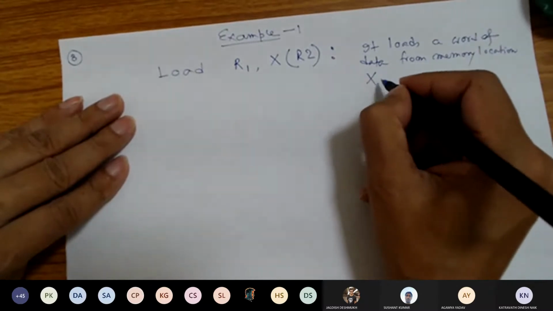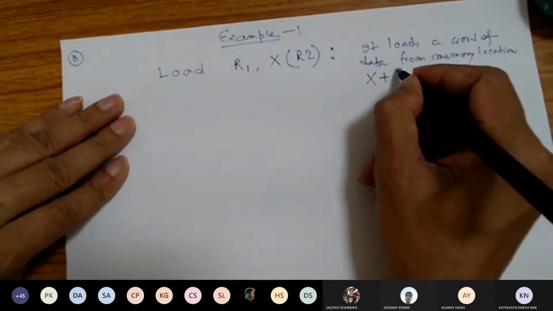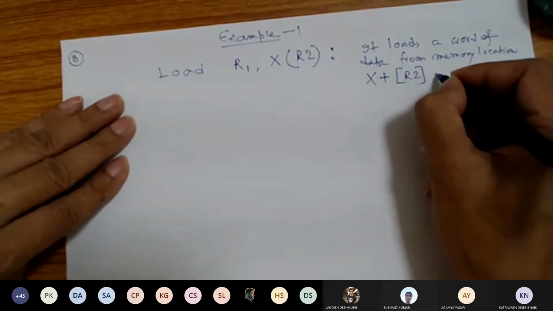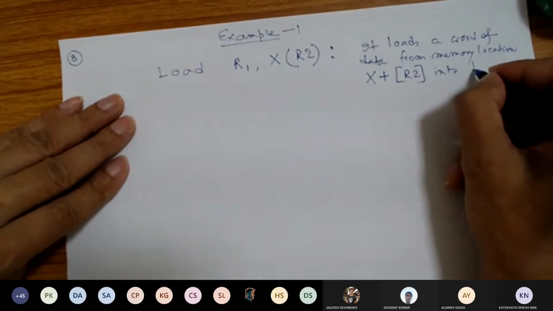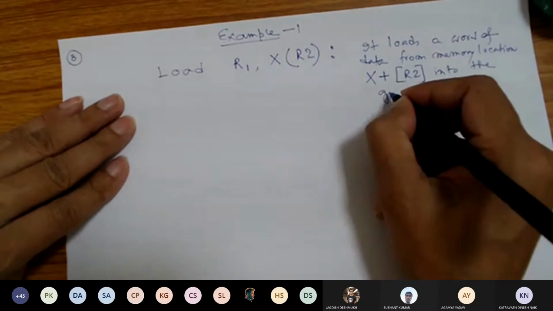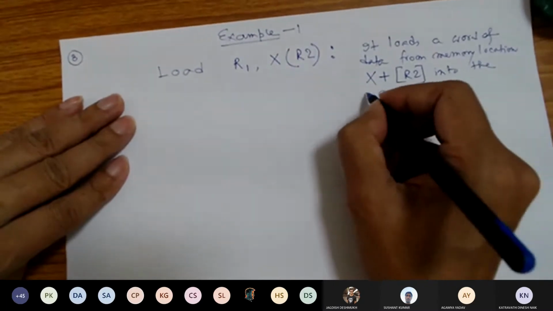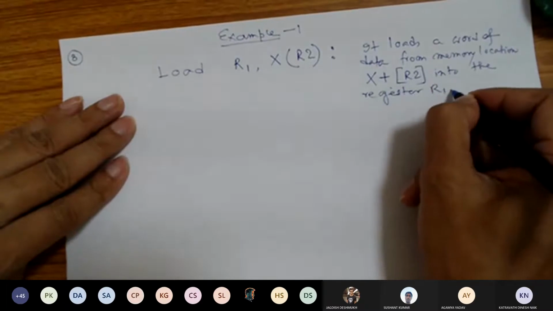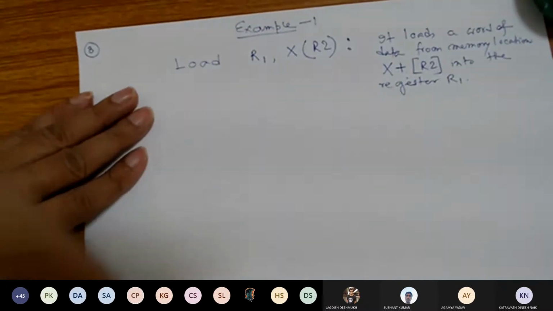The location will be X plus R2, into the register R1. That's it, what it does.